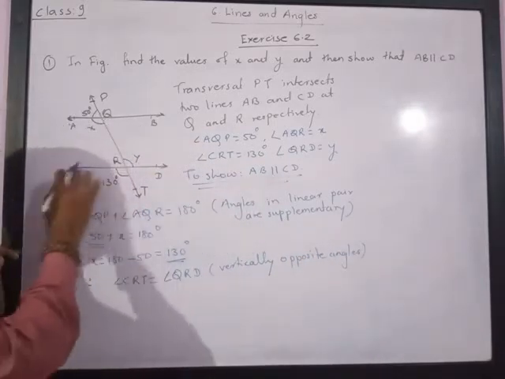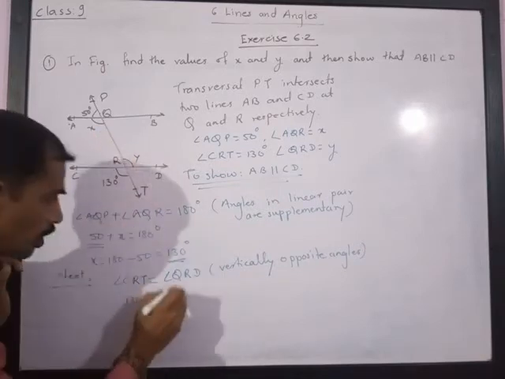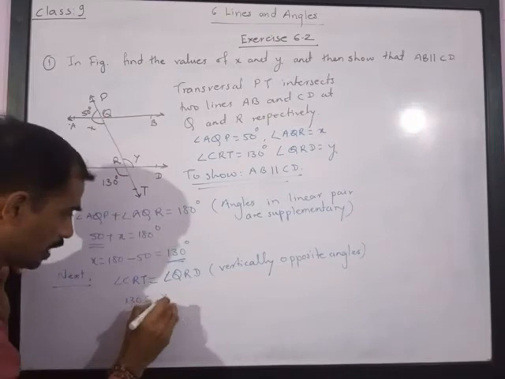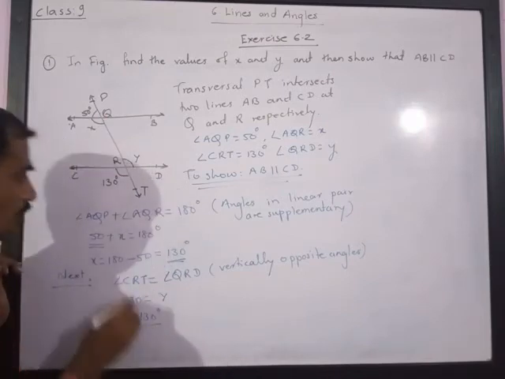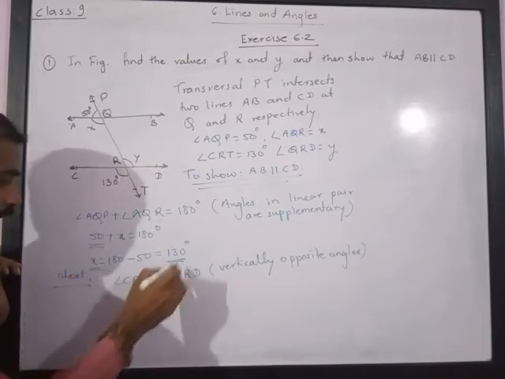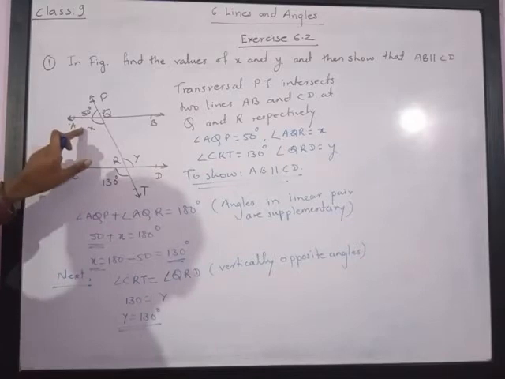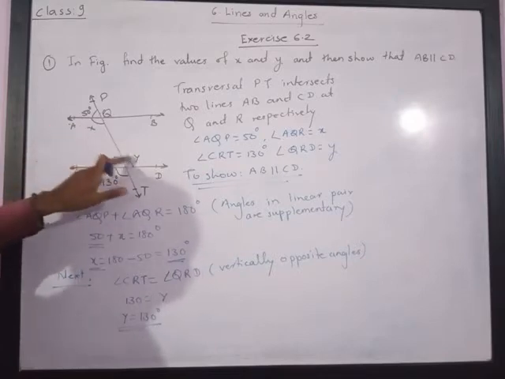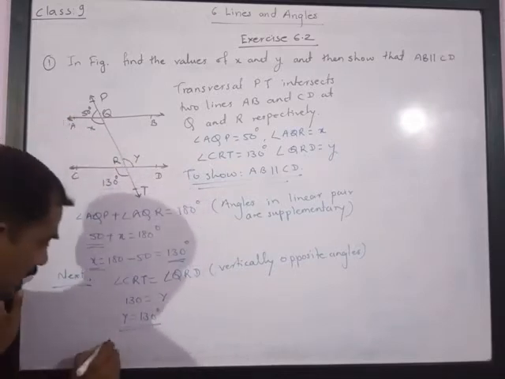So you will get CRT, which is 130, is equal to QRD, which is y. It means y is equal to 130 degrees. So we have got x is equal to 130 degrees, y is equal to 130 degrees. Look at the figure. x and y form alternate interior angles, and hence these two lines must be parallel. So here we have got x is equal to y.